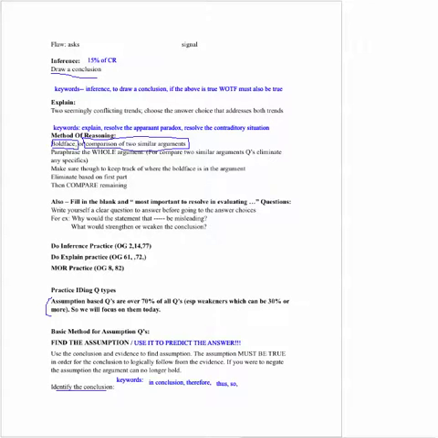What's another way we might know what is the conclusion on the GMAT? Yes, thank you, Carson. The conclusion is often, we can find it based on its location. It's often the last or first sentence. Not definitely always, but it's usually going to be the last or the first sentence.